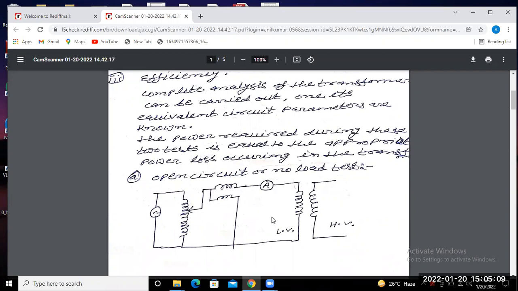So the no load test or open circuit test is performed at the rated voltage and rated frequency. One point you have to note: that is rated voltage and rated frequency.